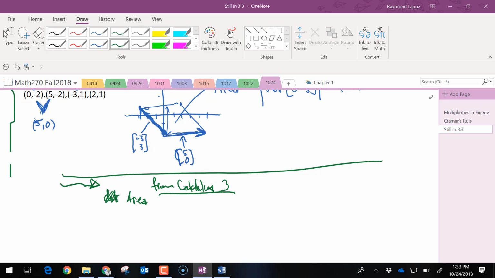It's like taking or having taken differential equations versus the people who've not taken differential equations. Why don't I erase this Calc 3 business?